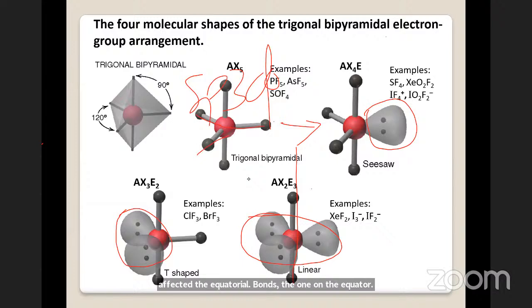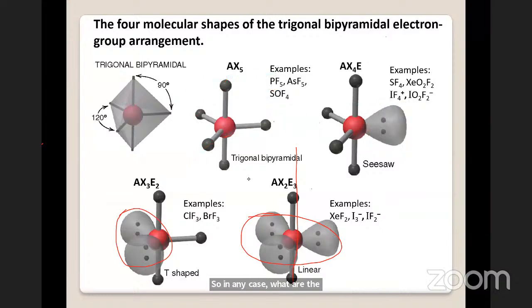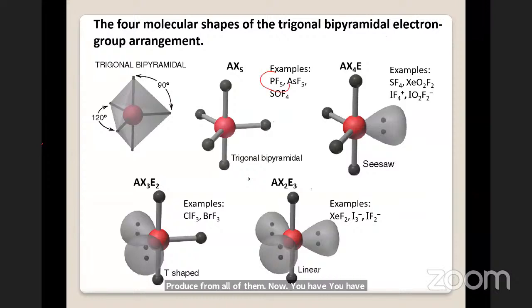So in any case, what are the different molecules that you can produce from all of them? You have sulfur, you have phosphorus as that example, but in the distorted form you have all these molecules. This also, as an example, arsenic pentafluoride. These are molecules of AX4E, meaning each of these molecules will have a lone pair in it.